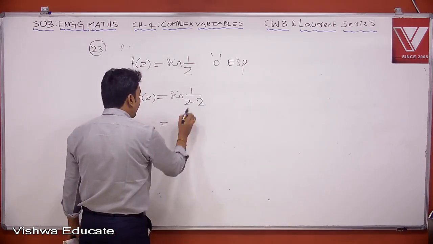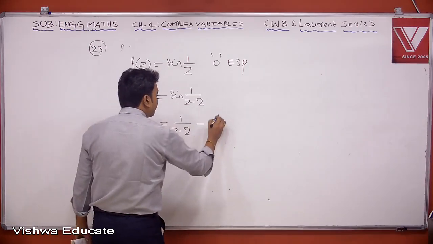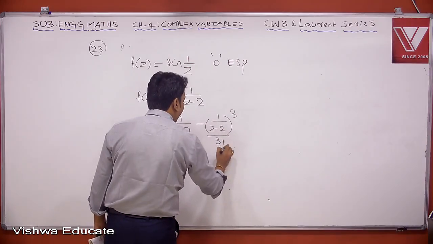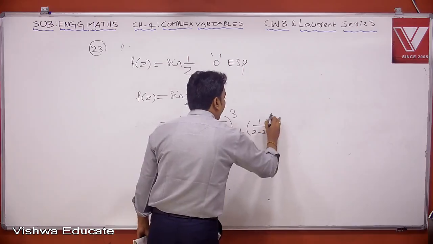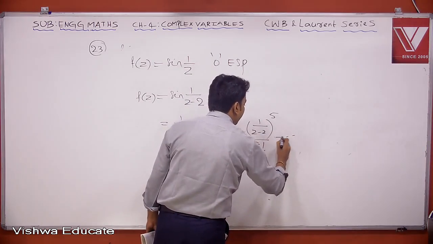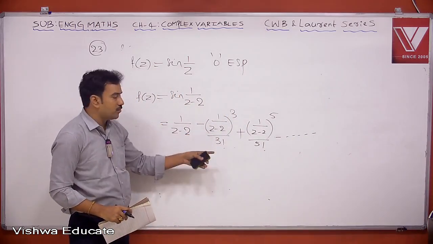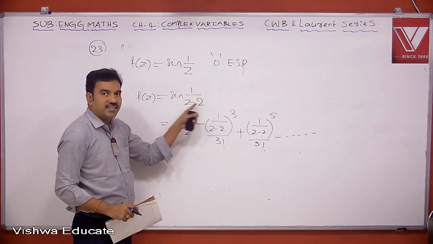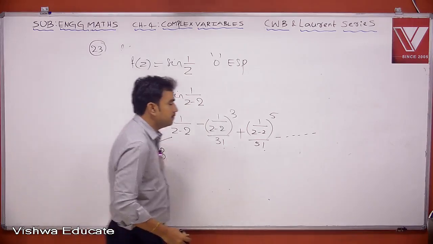The series expansion is 1 by z minus 2, minus 1 by z minus 2 whole cube by 3 factorial plus 1 by z minus 2 whole power 5 by 5 factorial, sorry, it is minus, and so on. Therefore, this series expansion has infinitely many terms of the form 1 by z minus 2. So this is an example where 2 is an essential singular point. So option B is right answer.